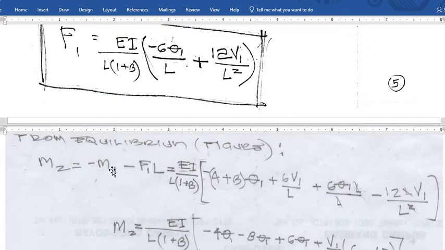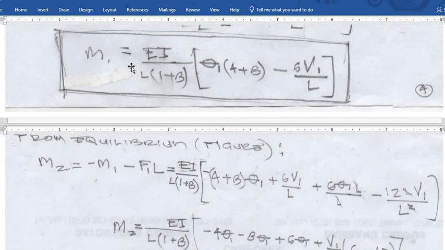Ngayon, yung M1, ulitin natin, ano? Si M1, isa-substitute natin dito. Okay, so, theta 1 times the quantity 4 plus beta. Ito yun. And then, 6V1 all over L. Ito yun. So, this is essentially your M1. Pero, remember na dito sa equation na to, M1 is negative.